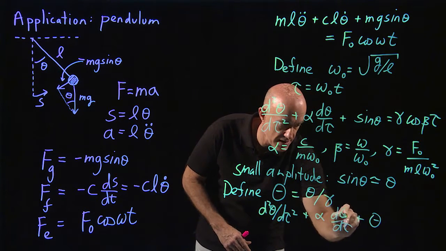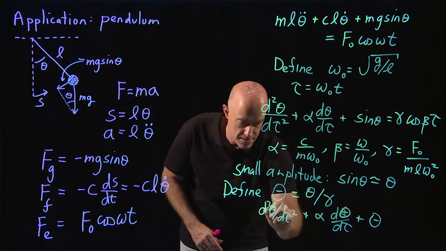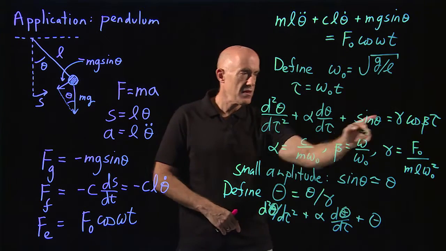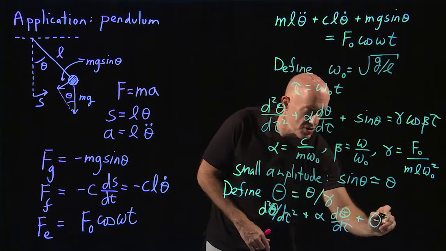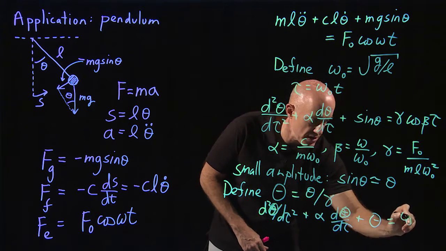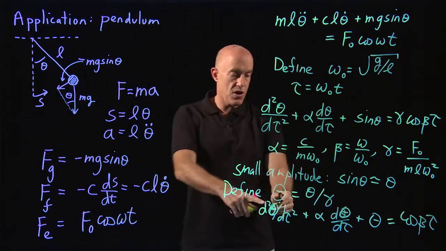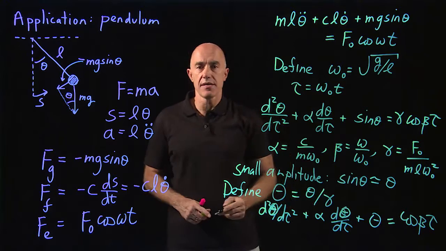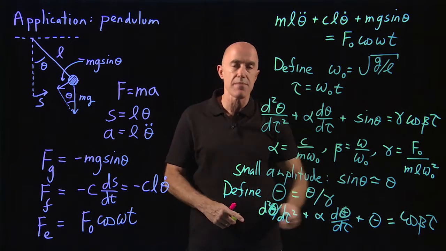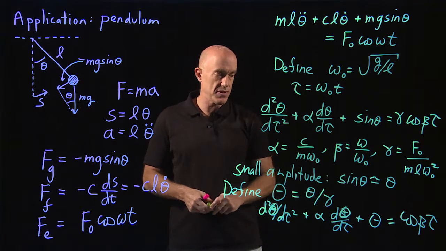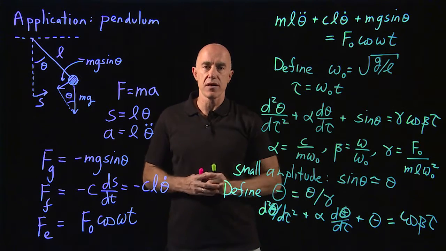Sorry, these are the capital Theta, the scaled value of theta. And then gamma goes away, and you just have cosine beta tau. Okay? So it's the same dimensionless equation as in the other two examples, which I think is quite remarkable.